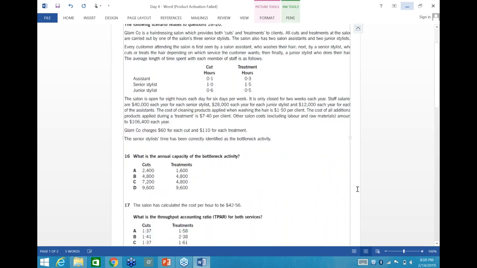So we had a situation like this at the moment. They said we have three senior stylists, 8 hours a day, 6 days a week, and 50 weeks. So 3 into 8 into 6 into 50 is 7,200.